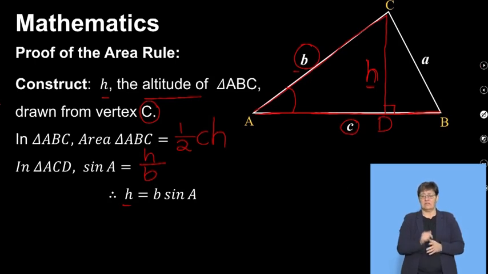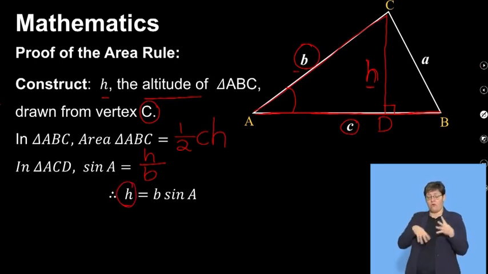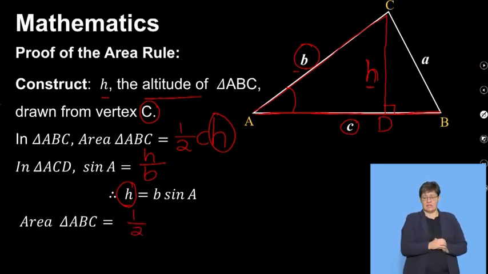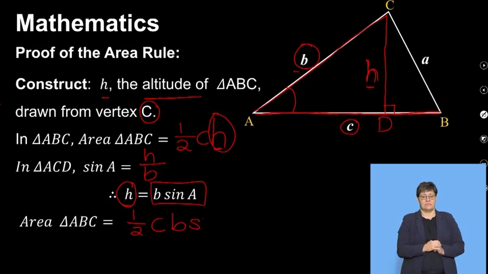Now we're going to take this value for H and substitute it into the formula that we have written originally. So we're going to have half c. Now instead of putting H in, we're going to put in what we found for H here, which is b sine A. Can you remember what we were trying to prove?